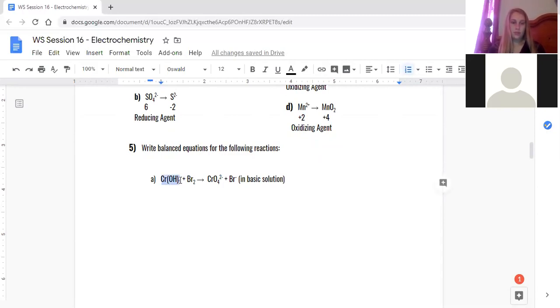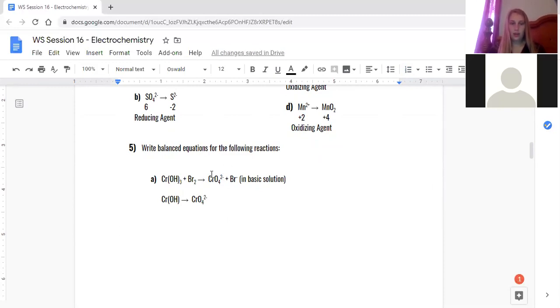So if we look at the Cr(OH)3, as it turns into this, we're going to have to look at that reaction, and then look at the other reaction as well.